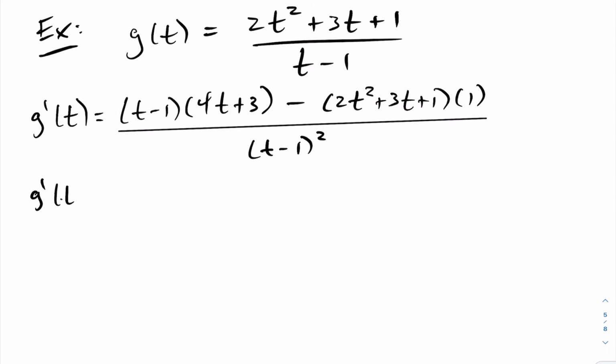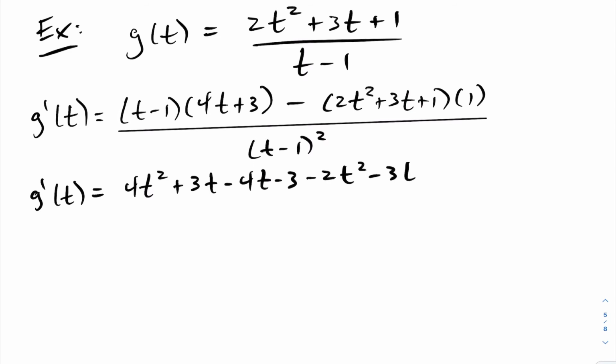Now going ahead and distributing here and expanding and simplifying, we get 4t squared plus 3t minus 4t minus 3 minus 2t squared minus 3t minus 1, and divide the whole expression by (t minus 1) squared.